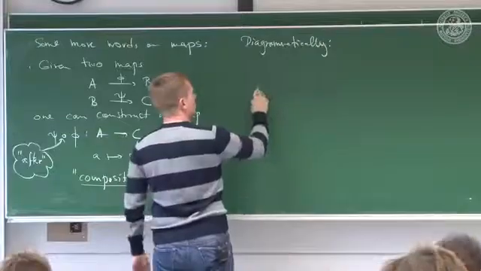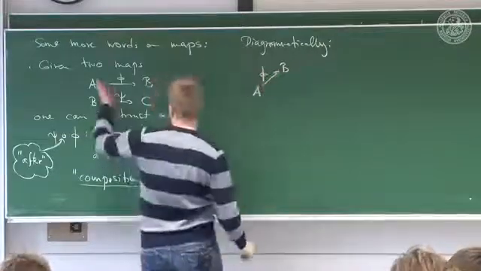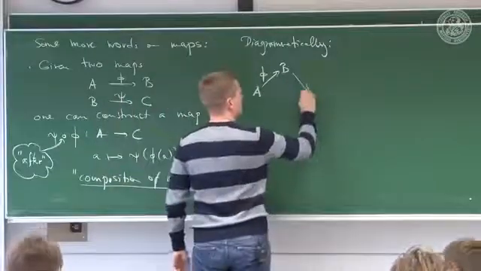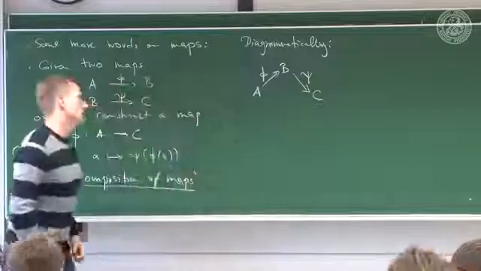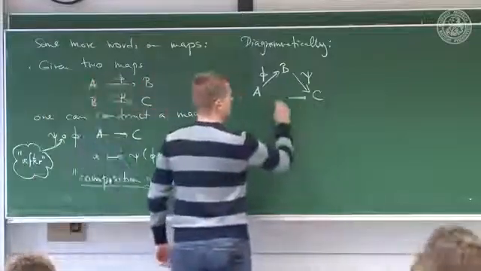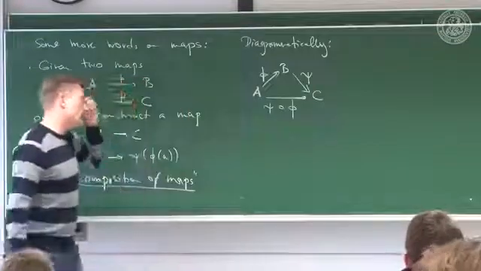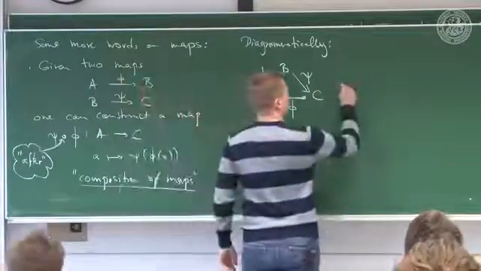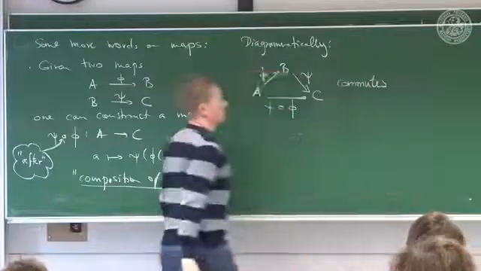And very often the situation is diagrammatically represented by writing a diagram A, B, arrow, phi on top. That's like the first piece of data. From B to C, it's the second piece of data. And then you write here psi after phi. And if you're very precise, you say that this diagram commutes.